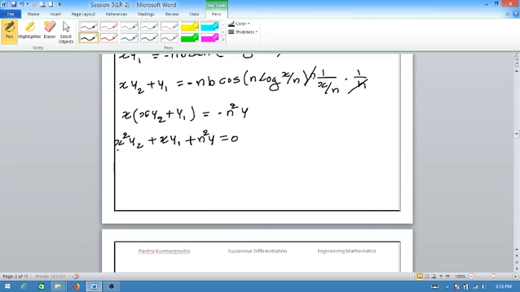So I'll write one more step. So that is nth derivative of x square y2 plus nth derivative of x into y1 plus n square nth derivative of y, so that is equal to 0.